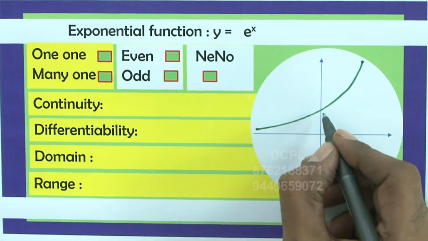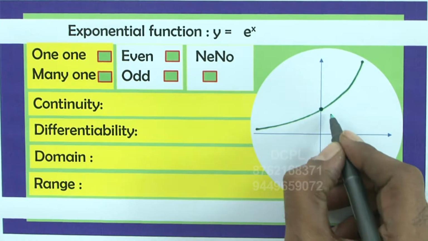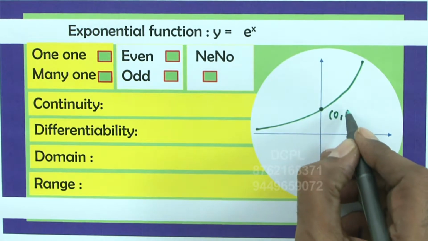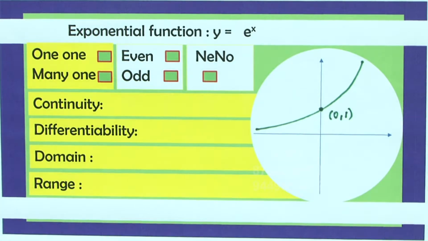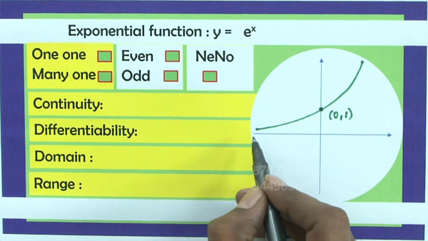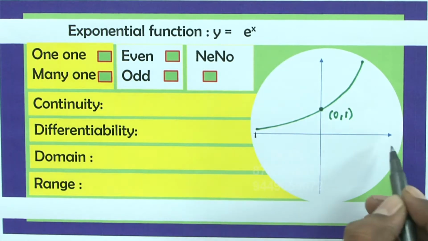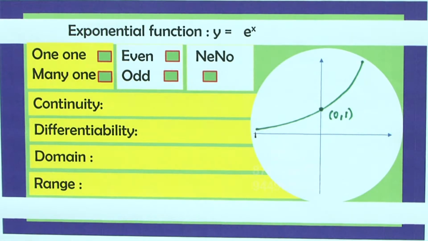Is that correct? So, when x is 0, y is 1. The graph is like this, right? Now clearly, dear students, the graph extends from minus infinity up to plus infinity like this, right?